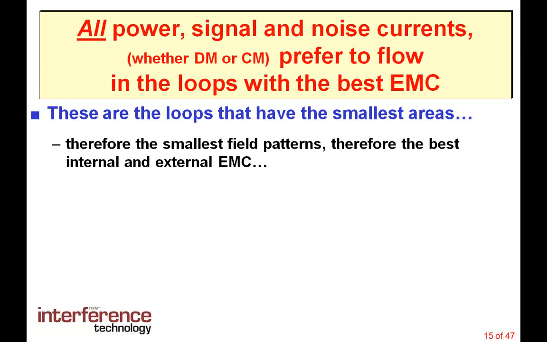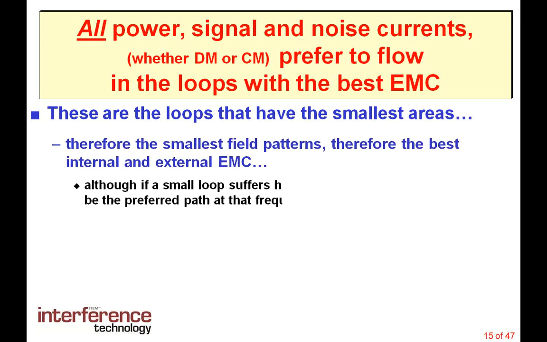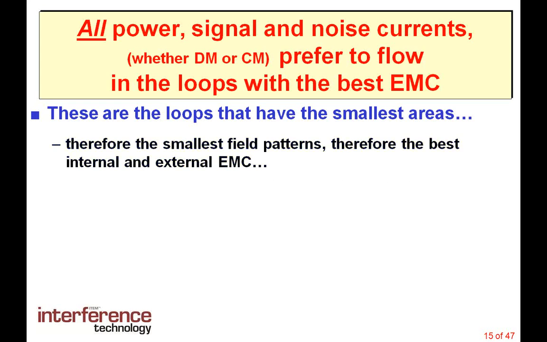But the loops of the smallest areas are the loops of the lowest impedances in general, and they have the smallest field patterns and therefore the best internal and external EMC. This is the thing that caused me to write this little webinar, basically.